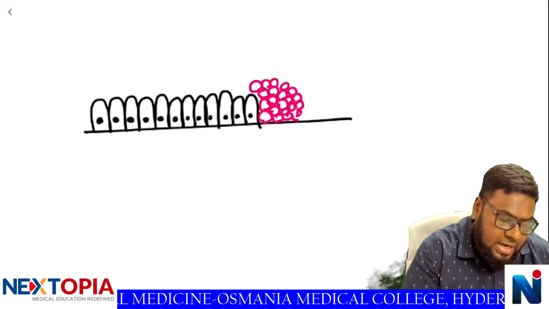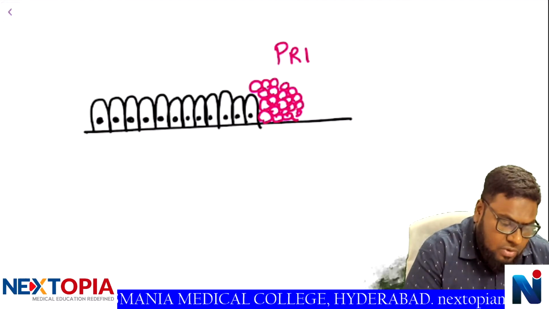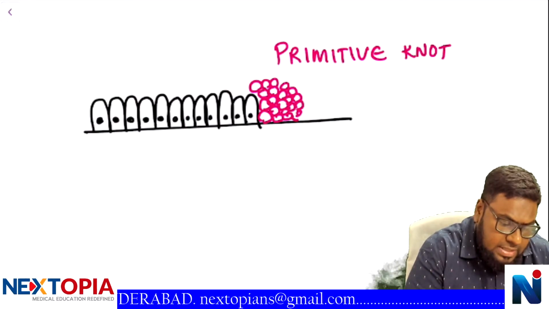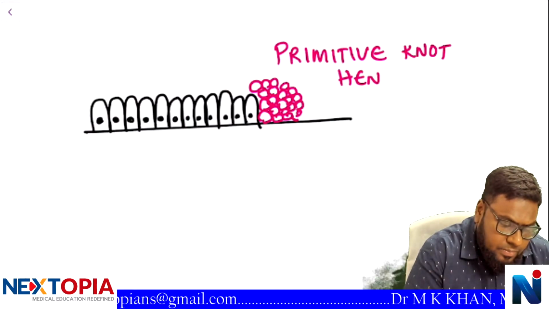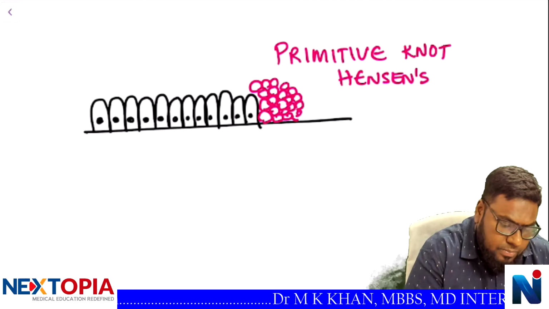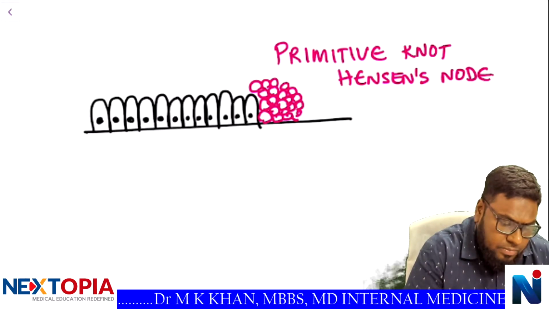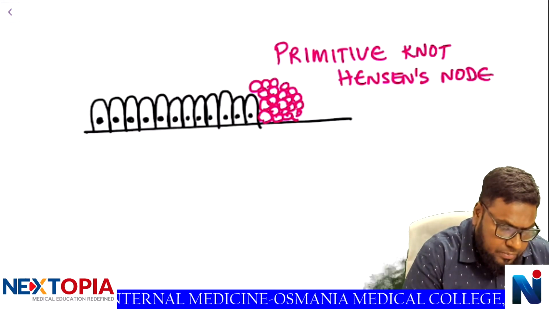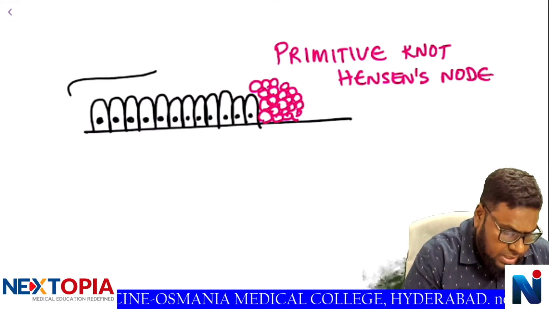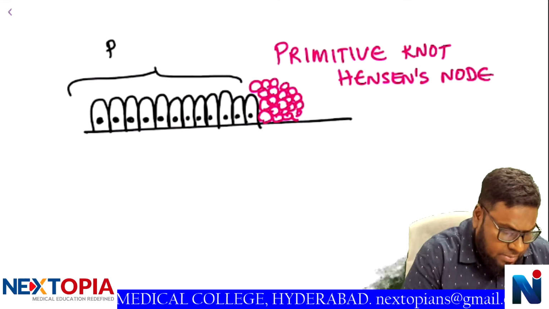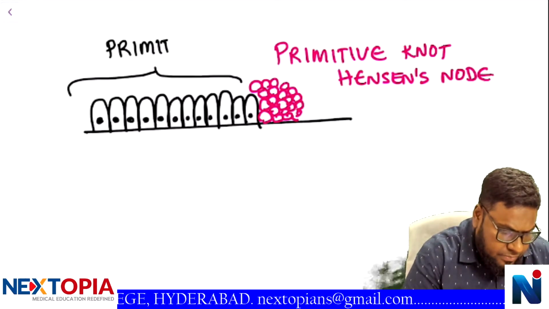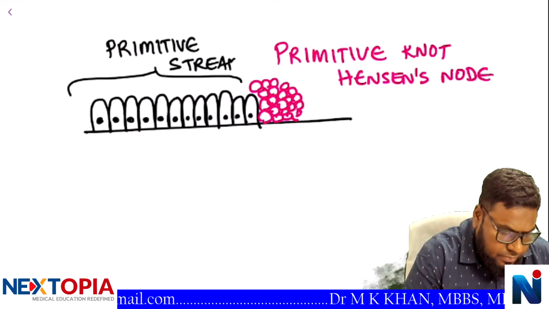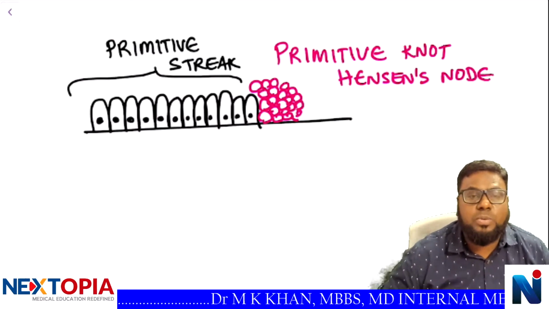So this is looking like a knot, so we are calling it a primitive knot, also called Hensen's node. This layer from here to here is the developing primitive streak. This is the primitive streak. Hope you are able to know it.